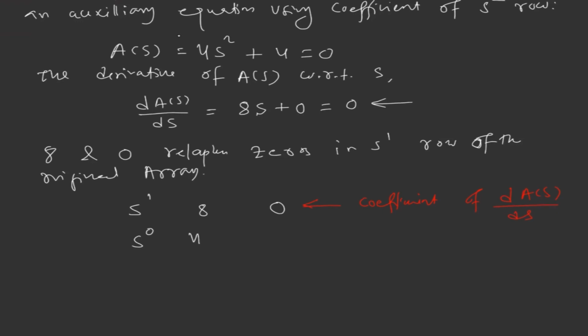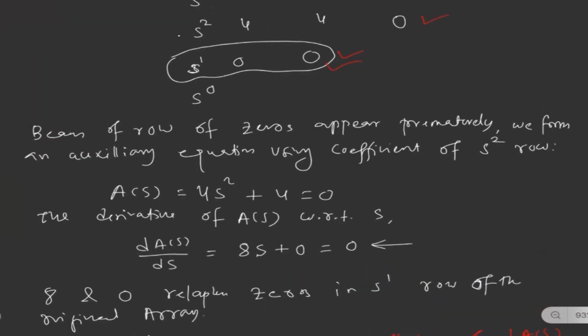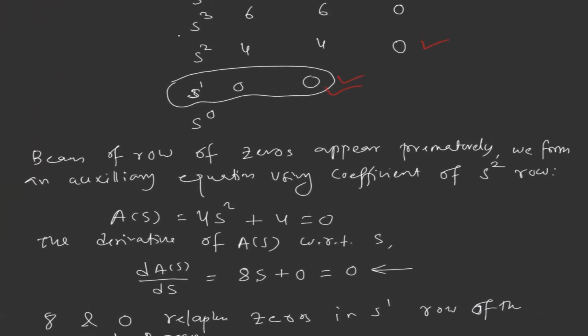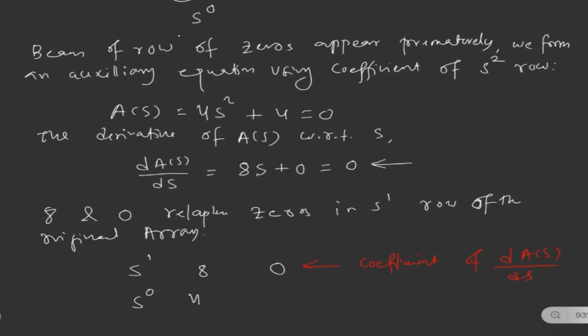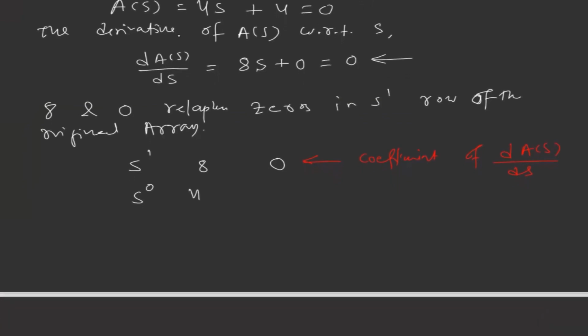This is very important. So let's go. If in any row of the array all the elements are 0, then you can be confident that there are poles on the imaginary axis of the closed loop system.